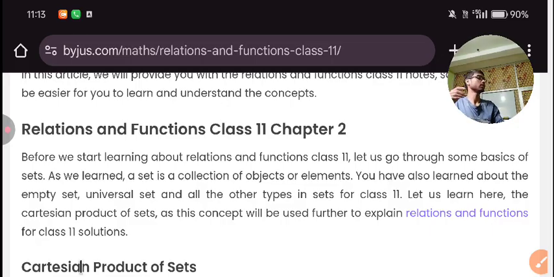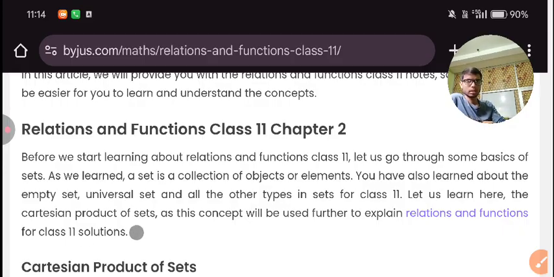You will see there are connections between chapters in mathematics. Yes, it is true. That's why it is important that we should start from the beginning, then gradually keep moving.